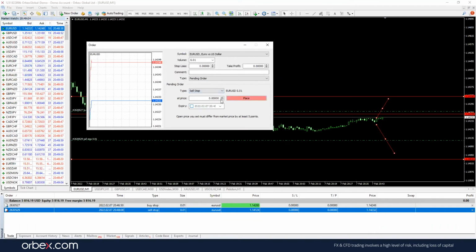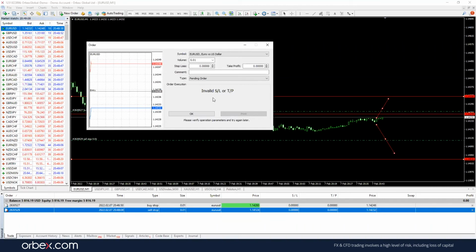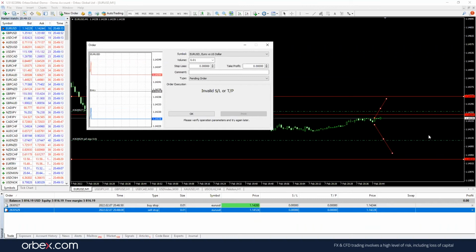Like I said, sell stop, if we go above the market, it'll always be invalid stop loss or take profit because we are not able to move it too much. Okay, so those are the stop orders.